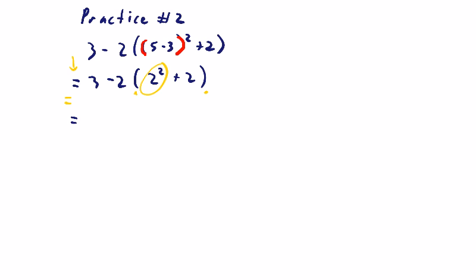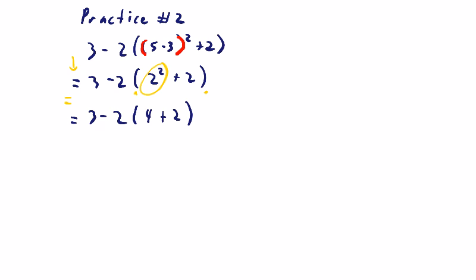So we have to do what's internal first, and then we'll worry about the things outside of the parentheses after we complete that. So the 3 minus 2 are all outside of the parentheses. Inside of the parentheses, we had a 2 squared, which we know is 4. And we will get 4. So we now have the expression inside of the parentheses simplified.